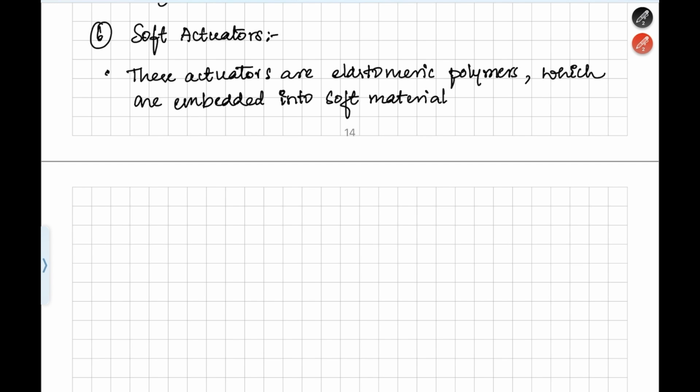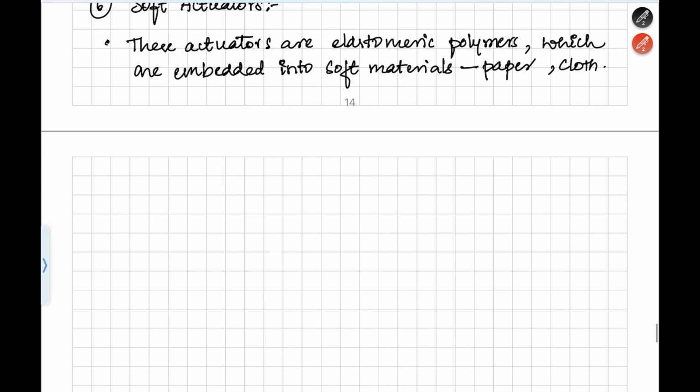So microscopic or macroscopic motions, even small molecular level changes, are very visible here, and they provide a tangible motion. So they are commonly used for precise and gentle movements.